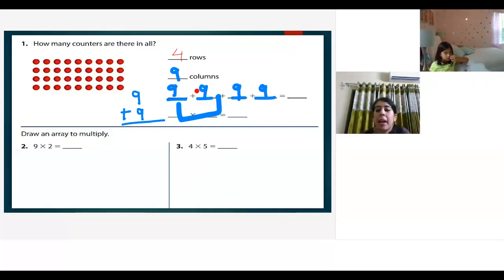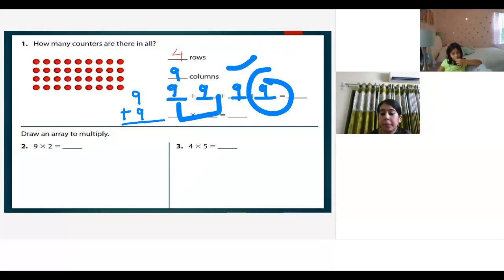So this 9 I have taken. Now one more 9 is left to add. Got it? Now again take 9. So we stopped at 27. 9 plus 9 plus 9, 3 times gives you 27.